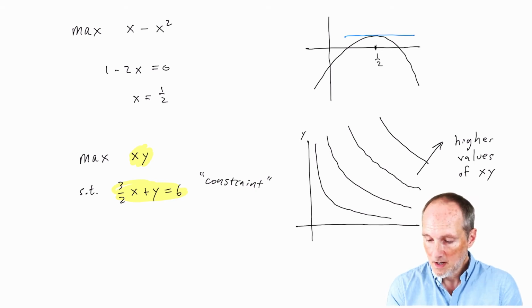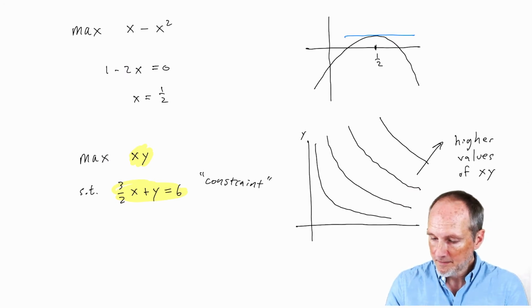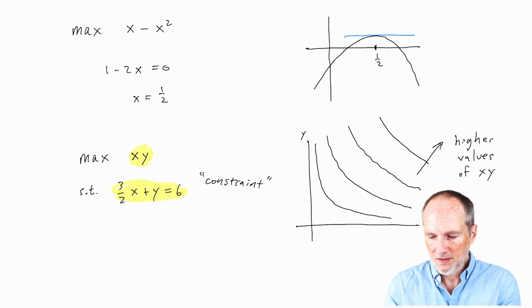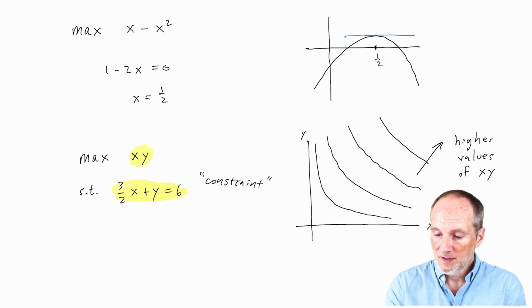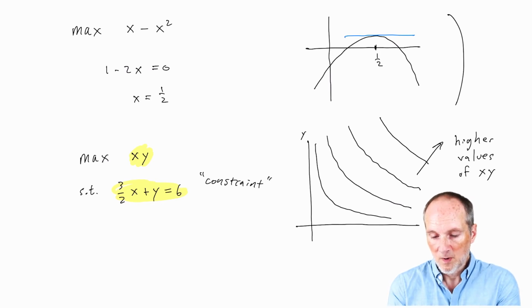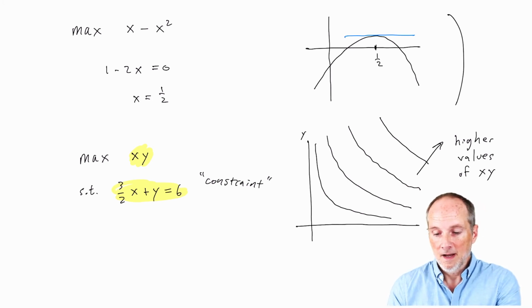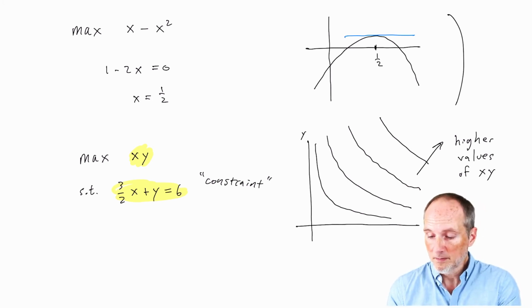Okay, so let me draw another graph, and let's just try to picture what a solution would look like. Just as we did up here with our simple example where we just have x minus x squared, we could get some intuition for what the solution looked like and then use that to figure out how to solve it.